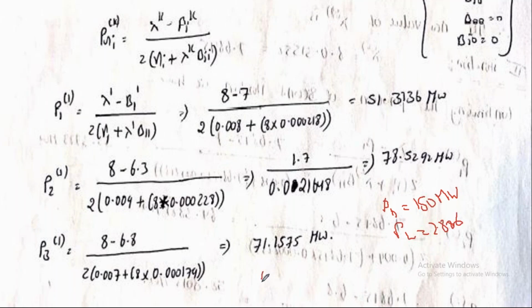The power balance equation: delta P equals PD plus PL minus the sum of P1 plus P2 plus P3. Find the delta P value. Delta P for power 1, that is the first iteration.